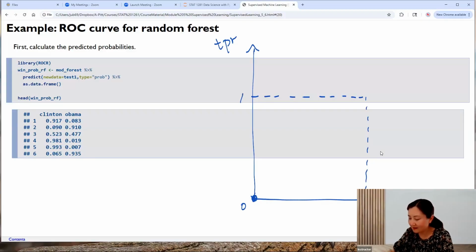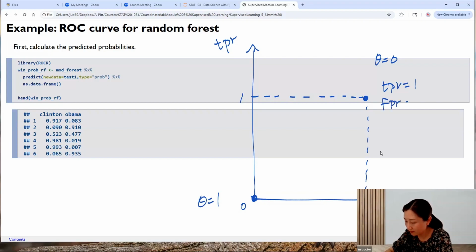Okay. So this is theta equals 1 still. True positive rate is 1.